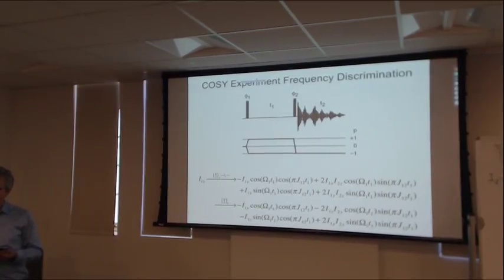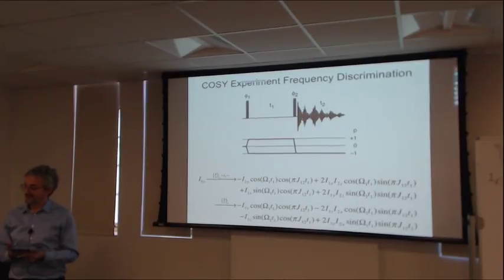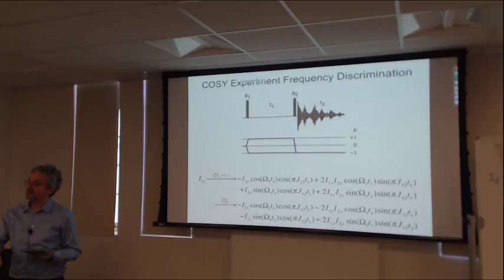At the end of the day, you're always trying to make sure you have one data set that records evolution essentially of X magnetization, and another data set that records evolution of Y magnetization, or magnetization 90 degrees out of phase relative to the first data set.